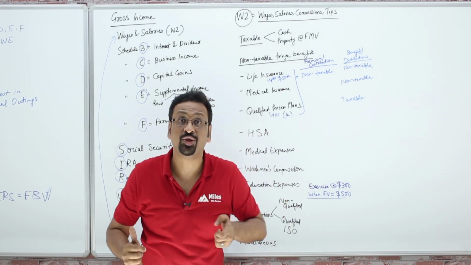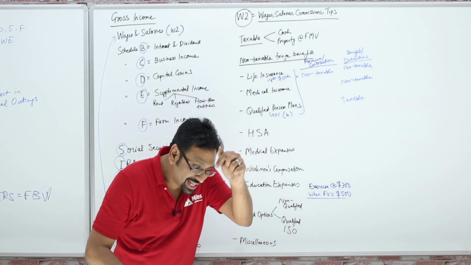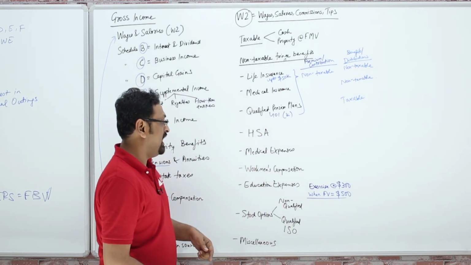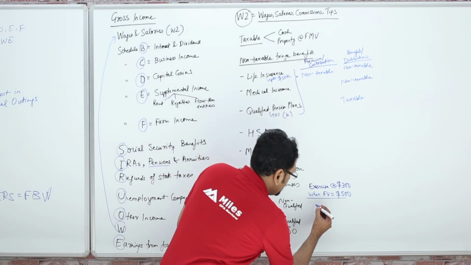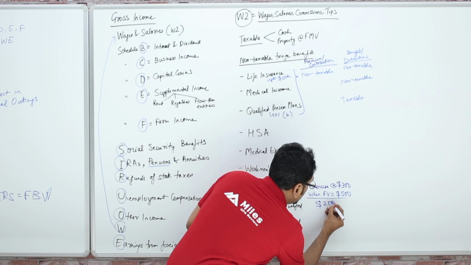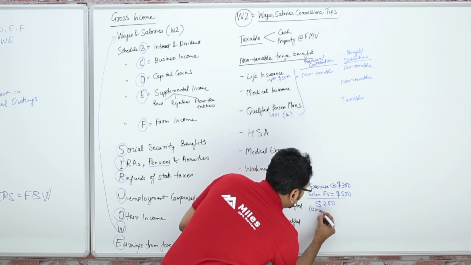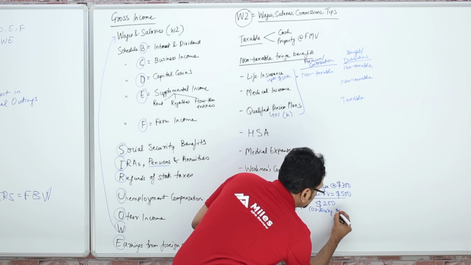That's like $200 of income. And that's treated as income if it's a non-qualified stock option. So in this case, you would have $200 of income, call it ordinary income.